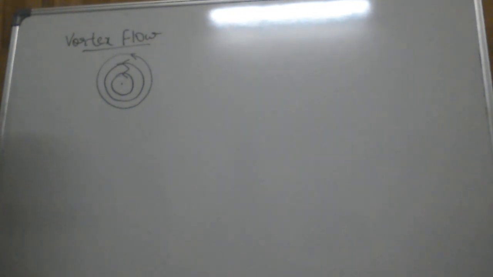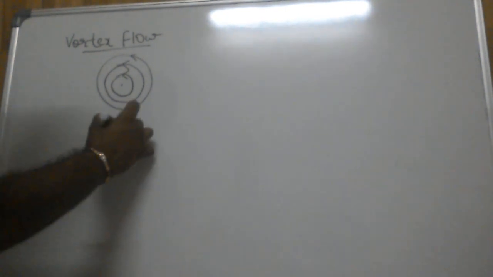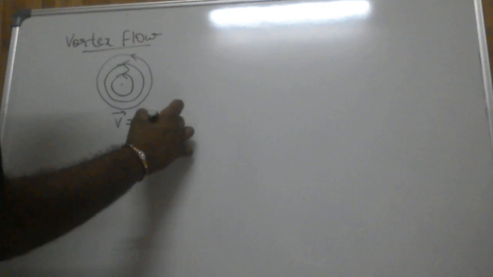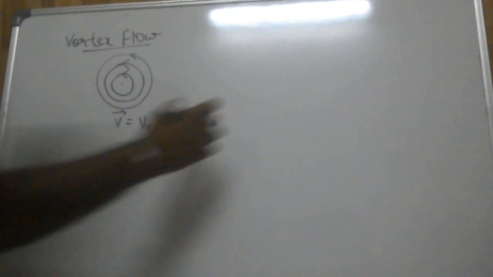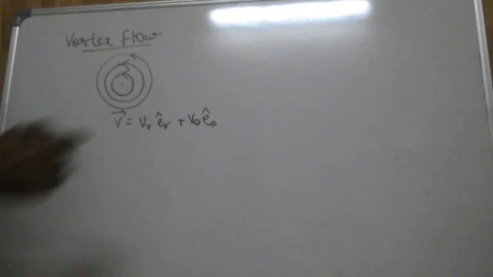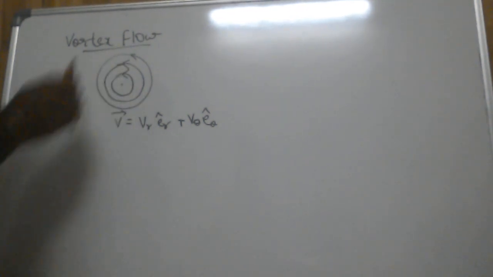So clearly, if I use a polar coordinate system, the velocity can be decomposed into a radial component and a theta component. From this figure, it's evident that the flow does not have a radial component because the flow is happening in the theta direction.